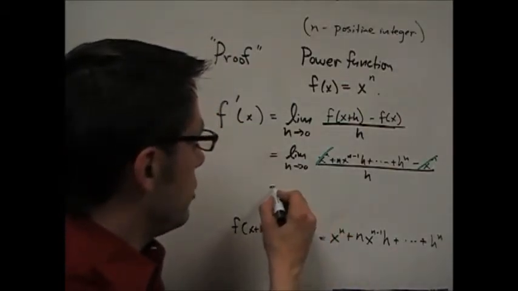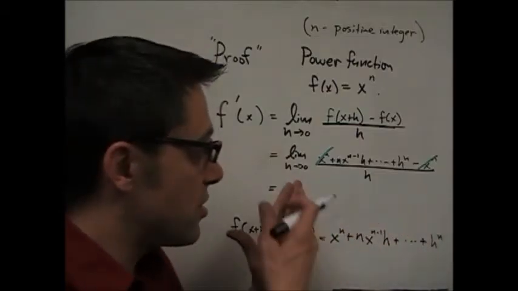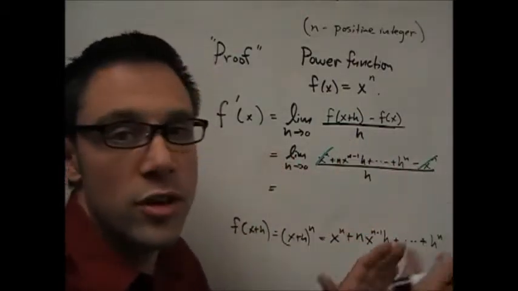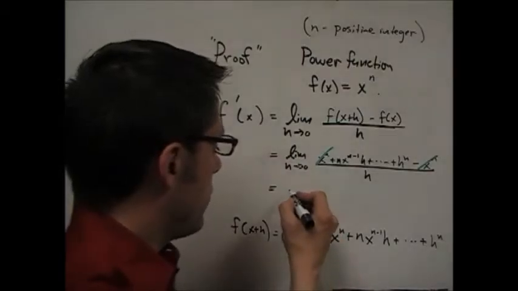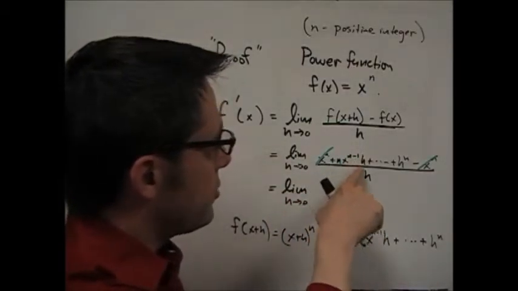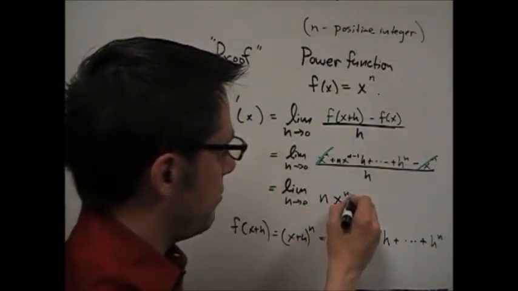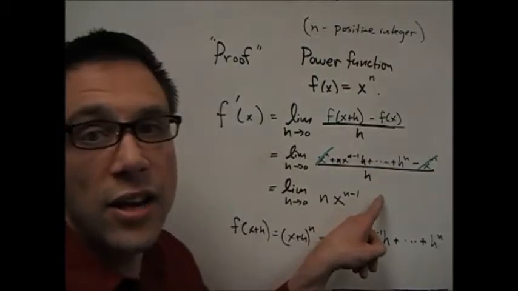Then what I'm going to do is, as usual, divide every single term by h, because it's a sum on top, so each individual piece is going to be divided by h. So what I have here is a limit as h goes to 0. This term, there's no more h there, so I have n x to the n minus 1. I just divided an h out.